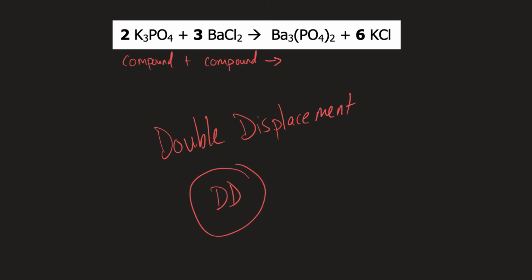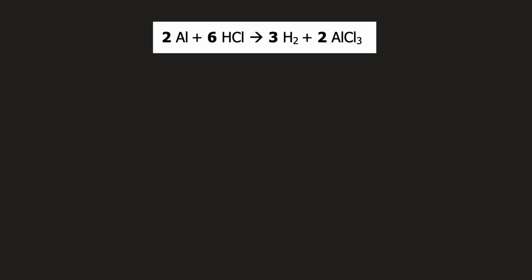You can abbreviate it DD for short or DR for short. It doesn't matter to me which one you choose. Here's another example. Again, hit pause. In this example, we have an element plus a compound.